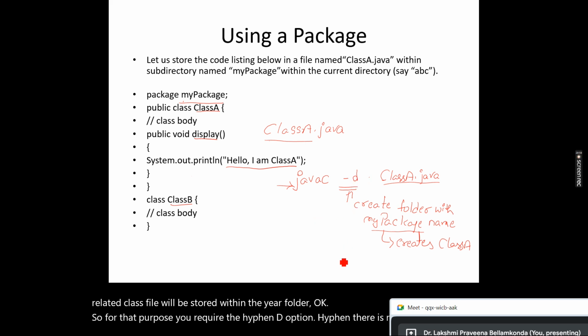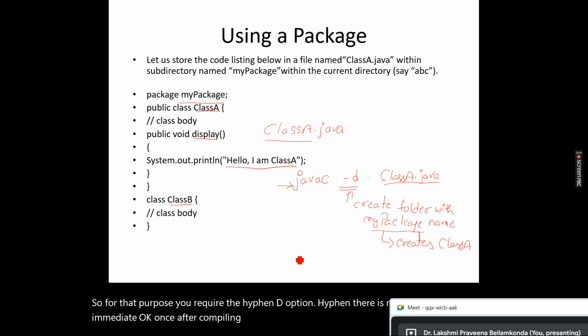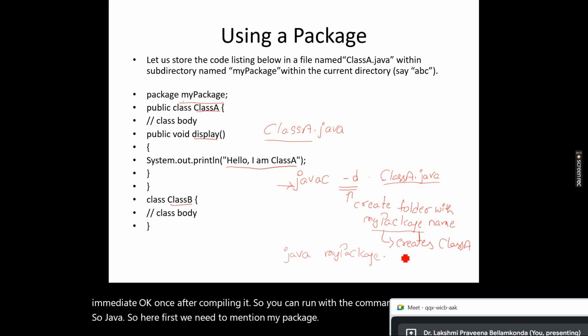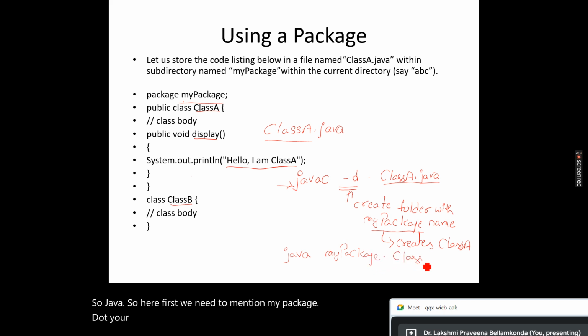Once after compiling it, you can run it with the command java, and here first we need to mention my package dot your class name, class A. Enter. Now your class A will be executed and it shows the output.